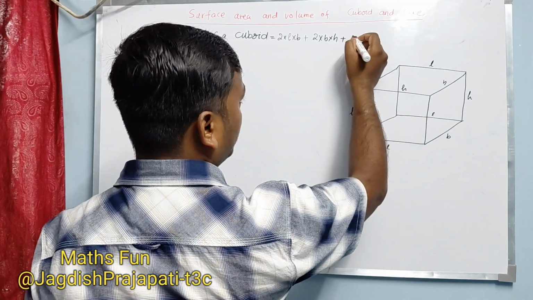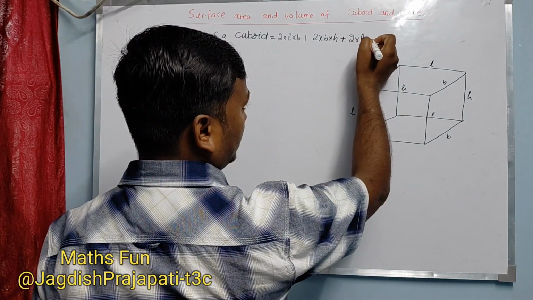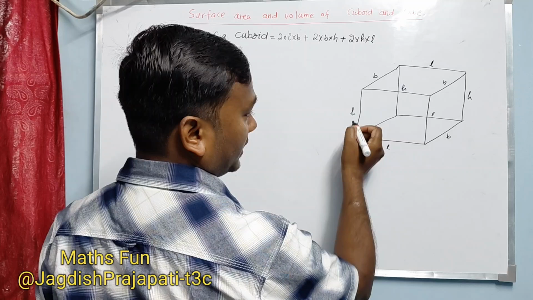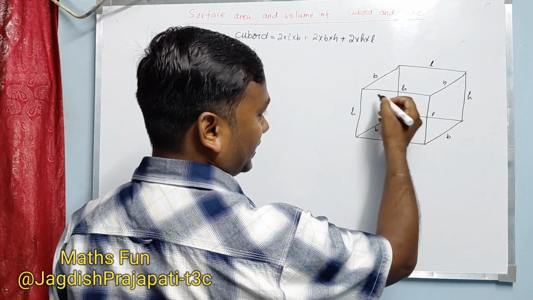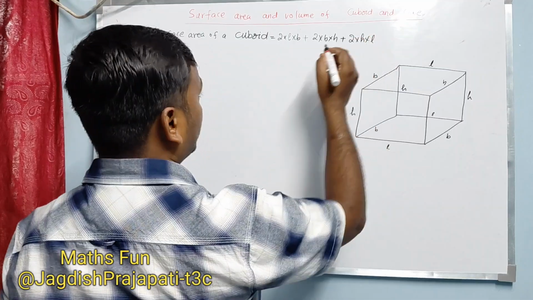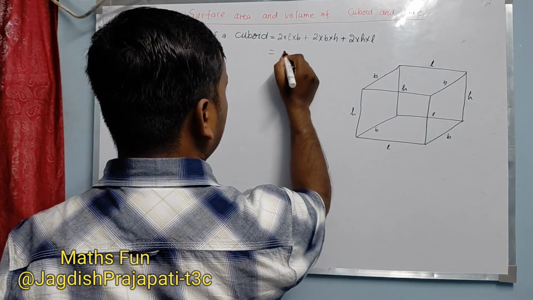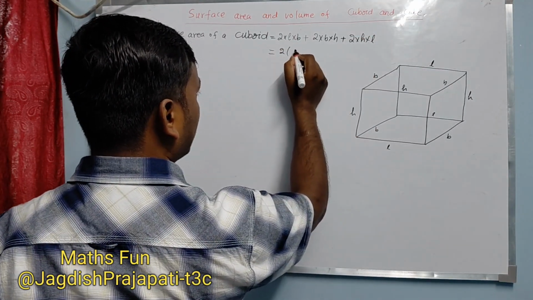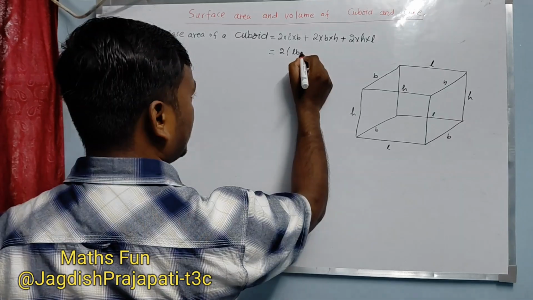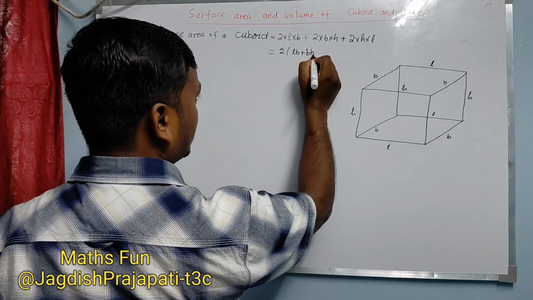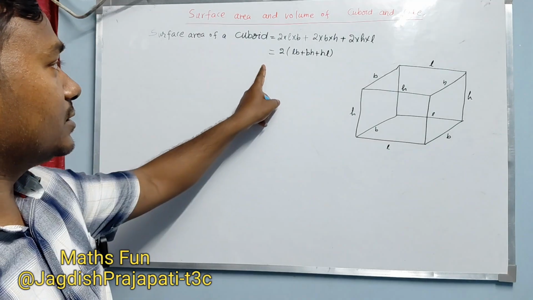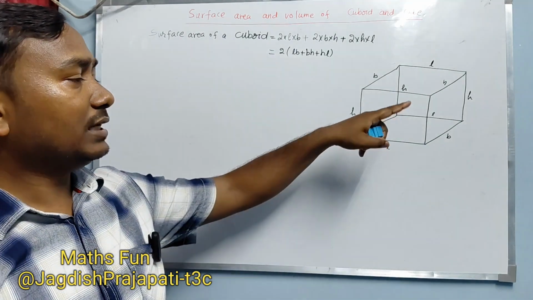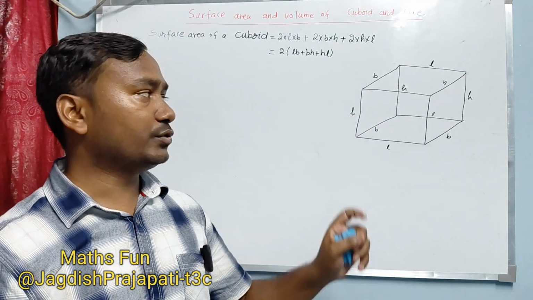So this will be 2 times H into L. Actually this is looking just like a rectangle. Now we see 2 is common in every term, so we can write 2 into LB plus BH plus HL. So this is the formula for the surface area of a cuboid.